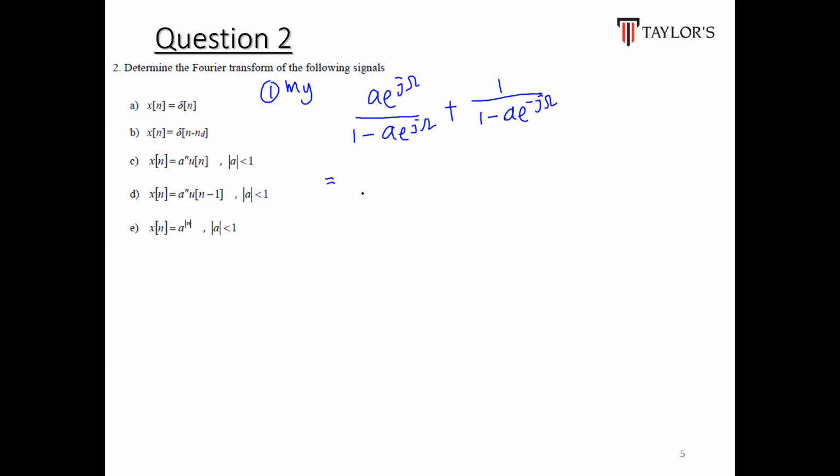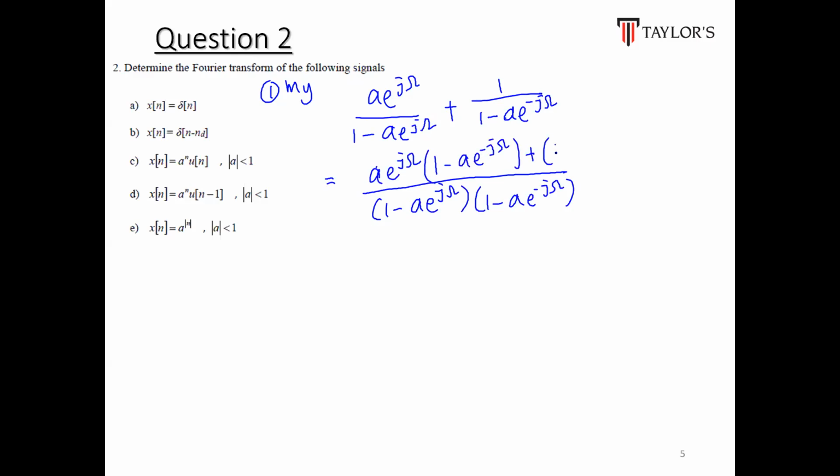Now we try to figure out the common denominator, (1 minus a e^(j omega))(1 minus a e^(-j omega)). So this whole thing needs to multiply by 1 minus a e^(j omega). So it's a e^(j omega) multiplied by 1 minus a e^(-j omega) plus 1 minus a e^(j omega), correct? And now you see here, I can further expand it: a e^(j omega) minus a squared.